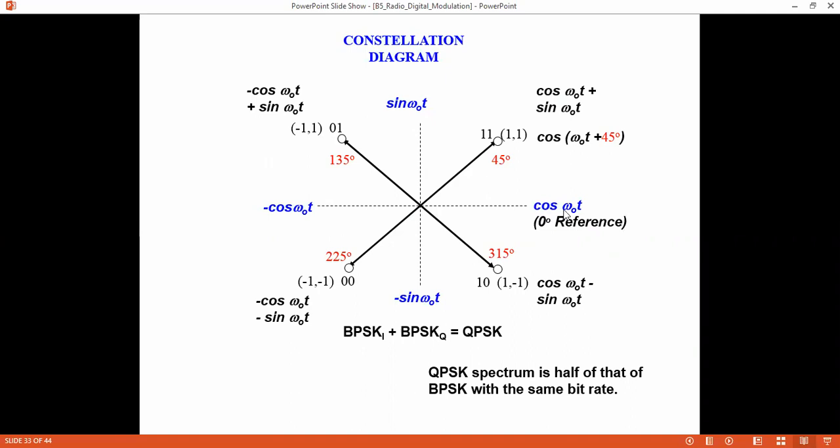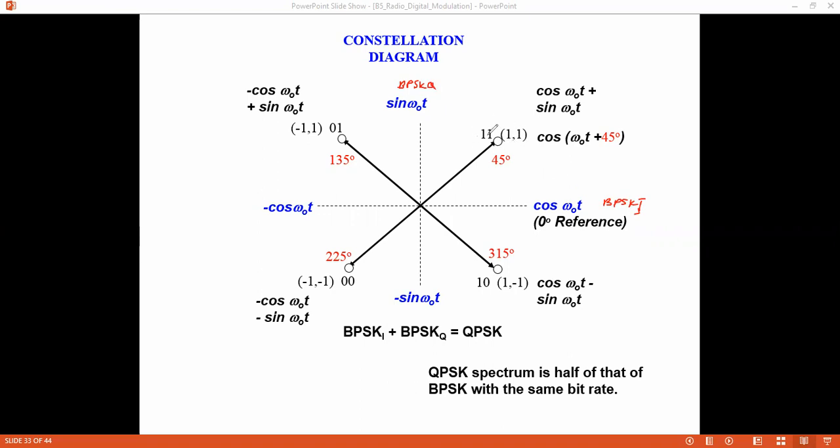It can be represented by cos omega t and minus cos omega t. And the BPSK Q can be represented by sine omega t and minus sine omega t. So this is BPSK Q. This part is BPSK I, the horizontal one. The vertical one is BPSK Q. When you combine, we add these two together.